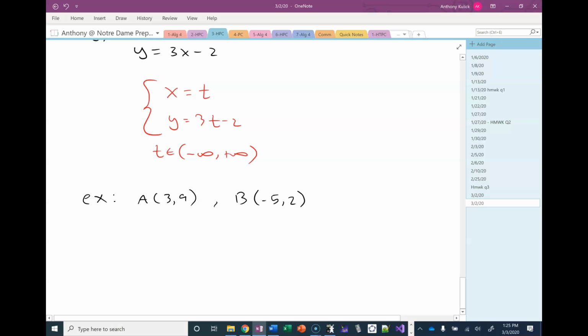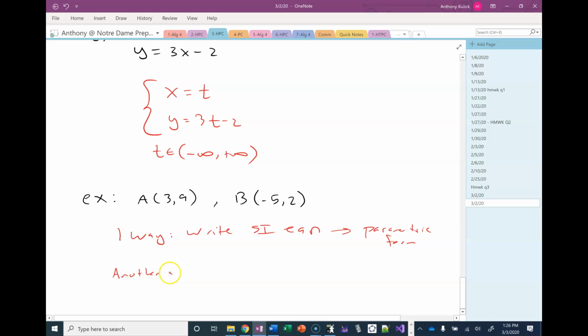So, what's one way we could do this? Well, we could use the 2 points to write our slope-intercept equation and then convert that into the parametric form. That's no fun to me, though.